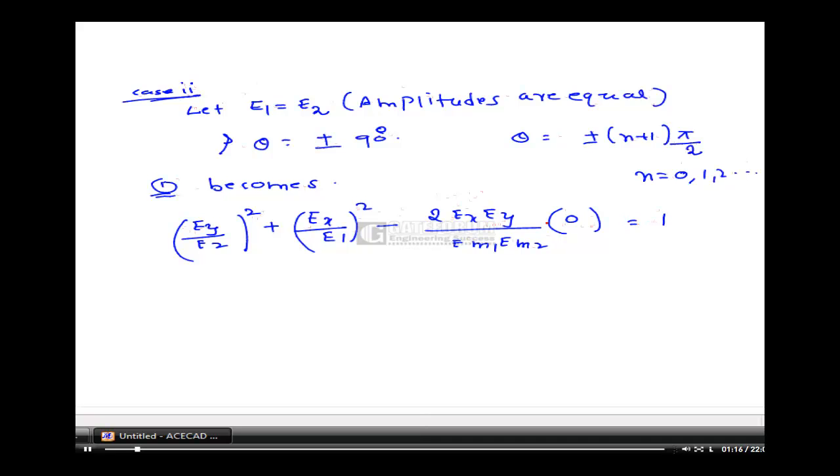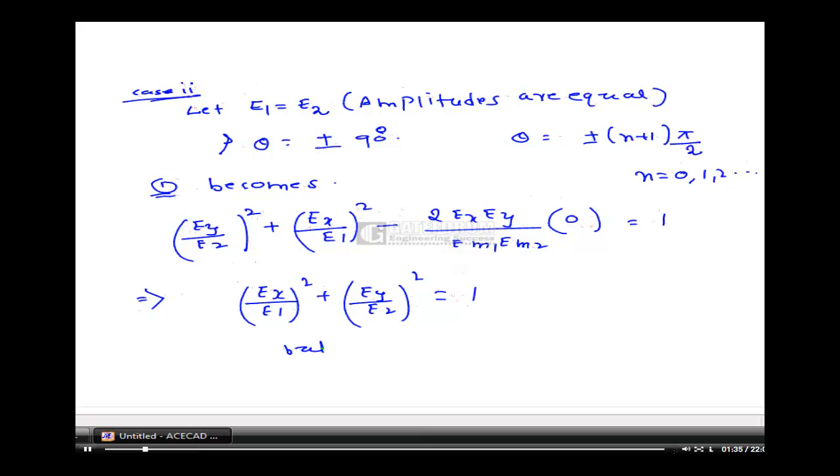So irrespective of plus or minus, this term vanishes. So this implies (Ex by E1) whole square plus (Ey by E2) whole square is equal to 1.